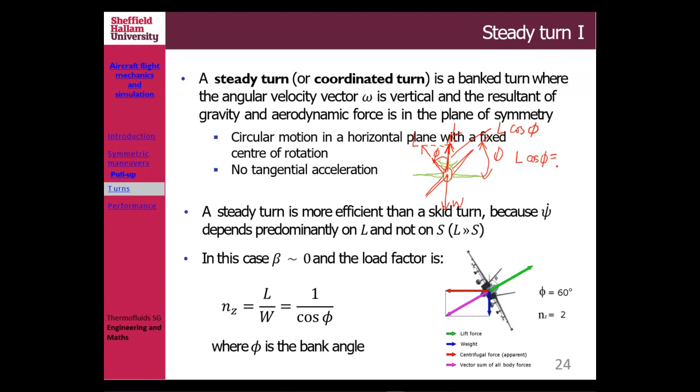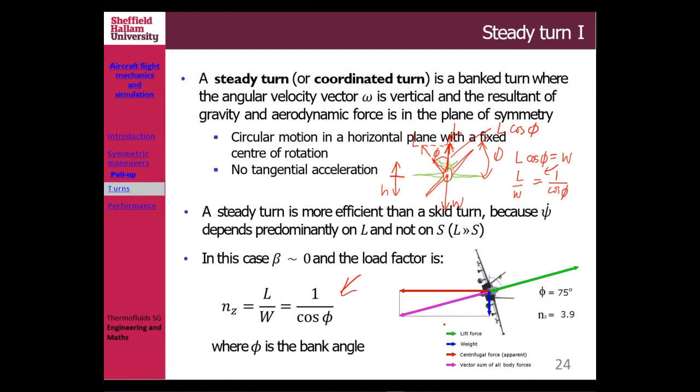Lift L cos phi has to be equal to the weight in order for you to keep steady and not drop any altitude, so you keep the altitude level. So L cos phi equals W, and then if you move the weight to one side and cos phi to the other side, that becomes the equation there.